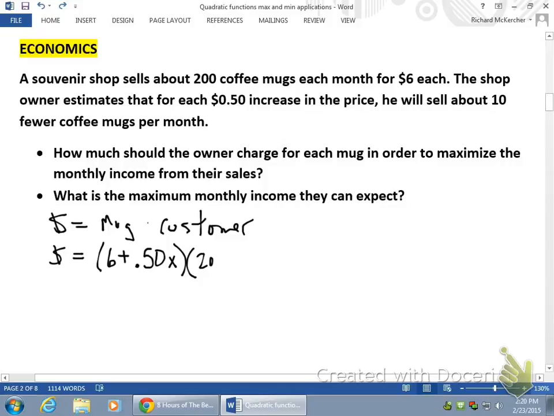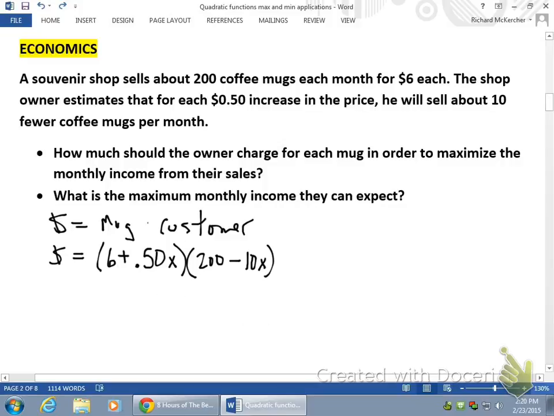They started off at 200, but now they're going to go down by 10 every single time. So this x here is telling me how many price increases there are. If there's one price increase, the price goes up 50 cents, but the customers will go down 10. If there's two price increases, the price will go up $1, but the customers will go down 20. Well, it's a binomial. It's quadratic.